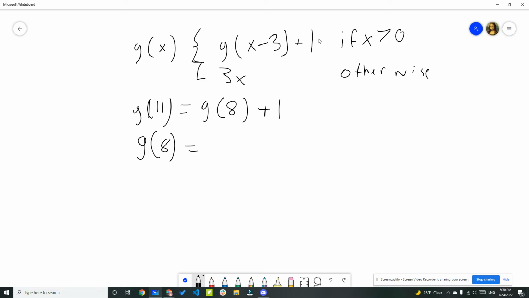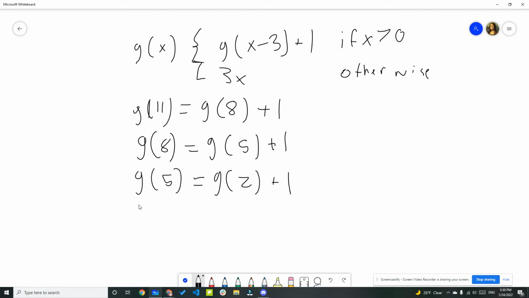Since 8 is still greater than 0, you return g of 5 plus 1. When you do g of 5, you return g of 2 plus 1, and since that's still greater than 0, you do g of -1 plus 1.